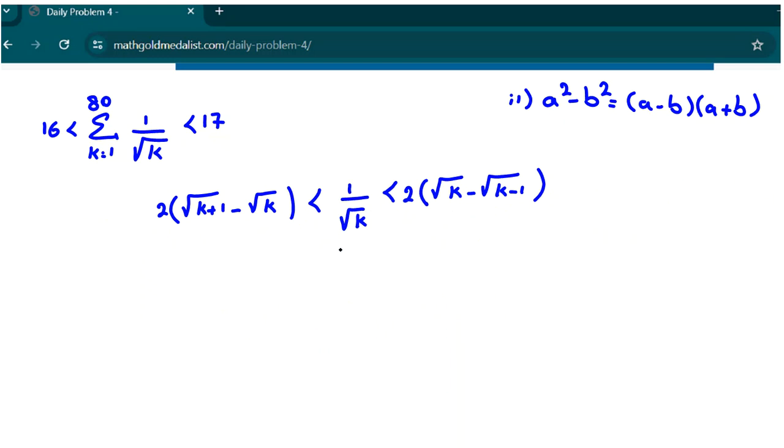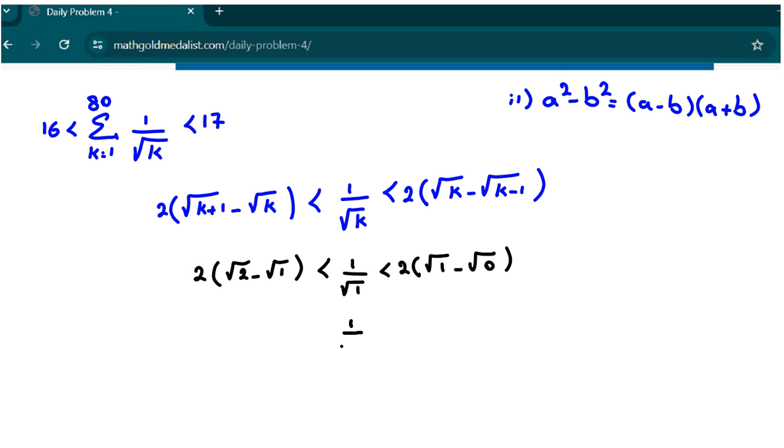If we consider k equals 1, it will be 1 over root 1 is less than 2 times root 1 minus root 0, greater than 2 times root 2 minus root 1. Then 1 over root 2 is less than 2 times root 2 minus root 1, greater than 2 times root 3 minus root 2.